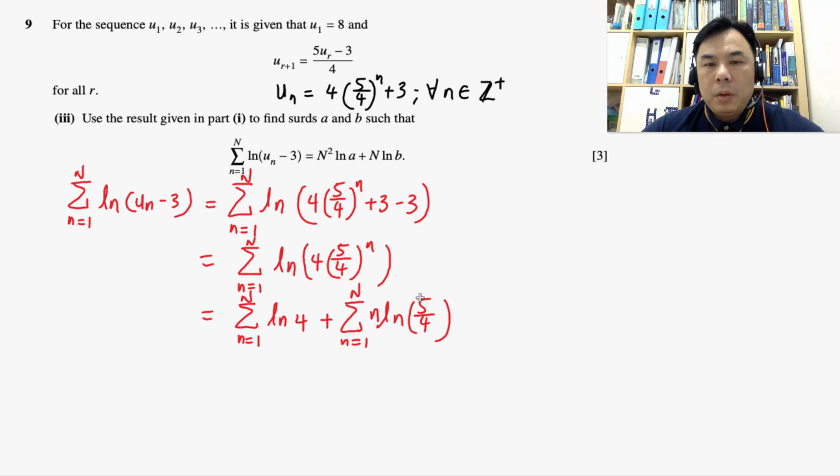We can apply a bit of logarithmic rule. Basically it is ln of 5 over 4 to the power n. We can bring down the n using the logarithmic rule. Yeah, that's what we have.